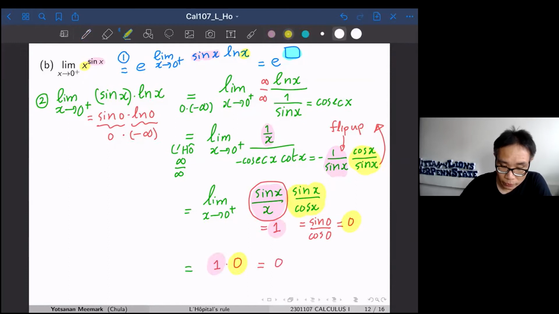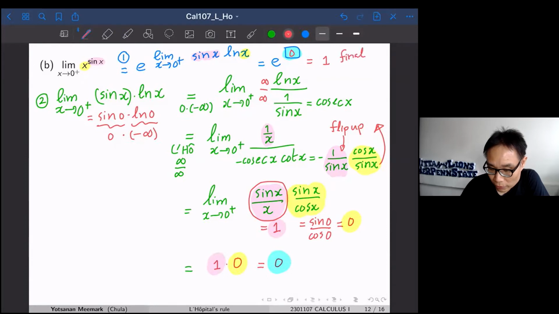So this one will be the blue one that you're looking for. In this case, you're gonna answer e to the 0, and e to the 0 equals 1 for the final answer. So your final answer is here. This one is your third step, so you have to put it back here.